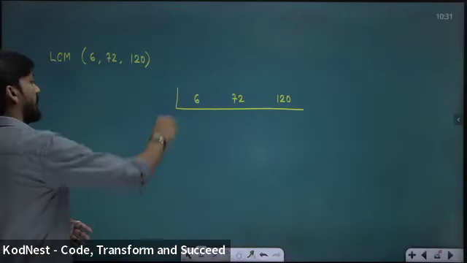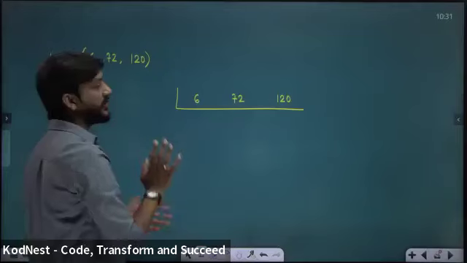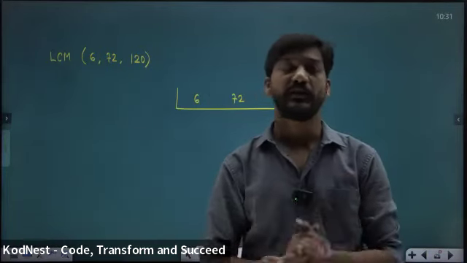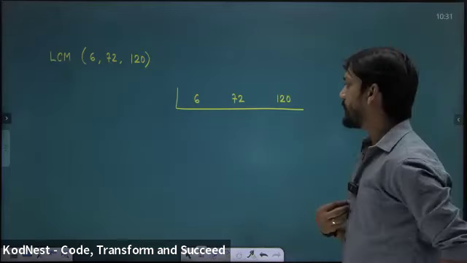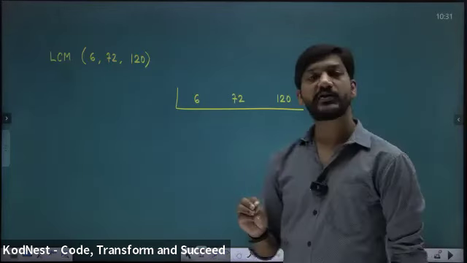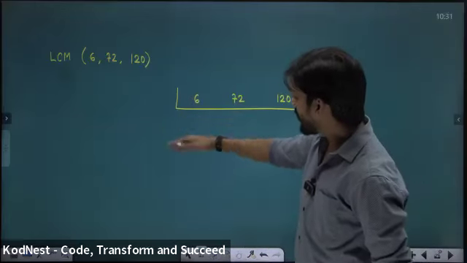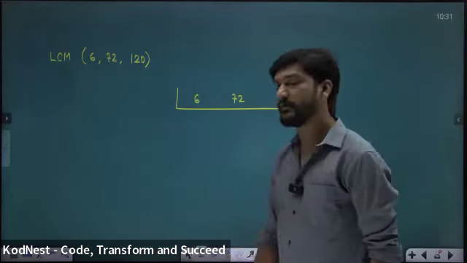This is the tabular method. As per the tabular method, you have to take prime numbers to be exact. But there is no foundation for that. You take only prime numbers, because if you keep on taking prime numbers, it will become very lengthy.